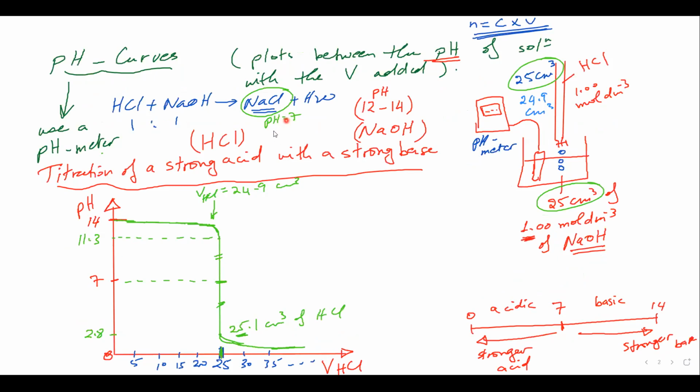But we drew the pH slightly decreasing because the sodium chloride does not affect the pH, and at the same time the solution is getting diluted, and that's why the pH slightly decreased.